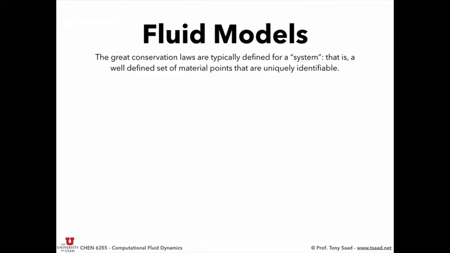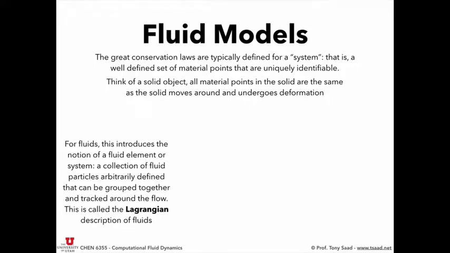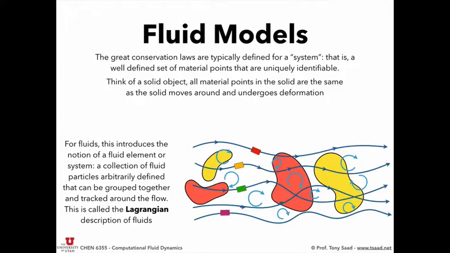Okay. So for a fluid, that is not really easy to define initially because the fluid is just everywhere, right? You put a gas, it's just going to expand. So we have to introduce a new notion for a fluid, and that is the notion of a fluid particle and a fluid element or a fluid system. And so essentially for fluids, if you look at a fluid, this is a cartoon of a fluid flowing around.